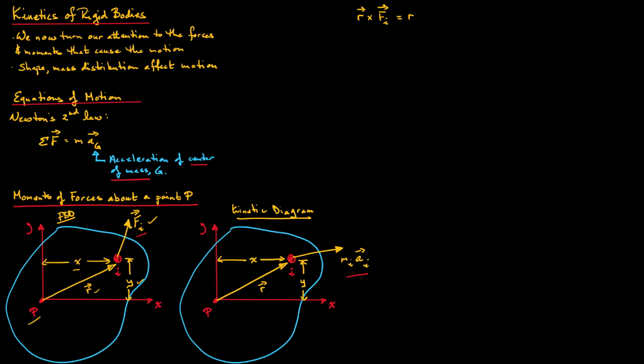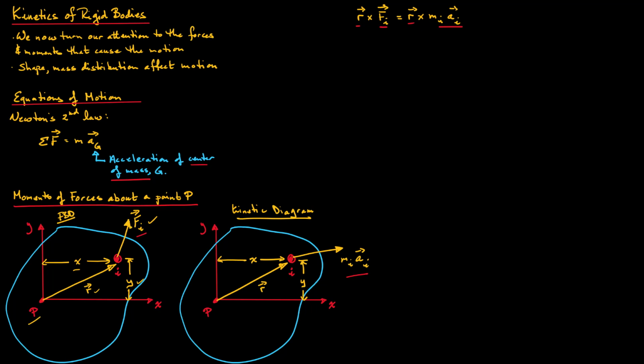And that will be equal to r crossed with mi ai. Okay, so a force or a net force causes a mass times an acceleration. So that's just Newton's second law. We're essentially multiplying Newton's second law by a moment arm r, so we are multiplying both sides by r.